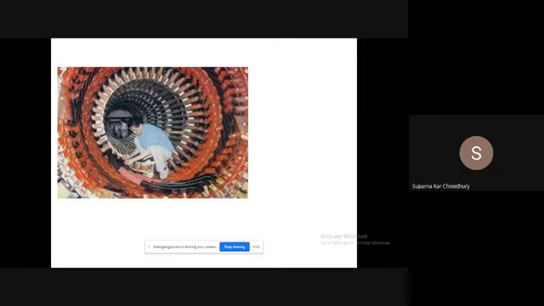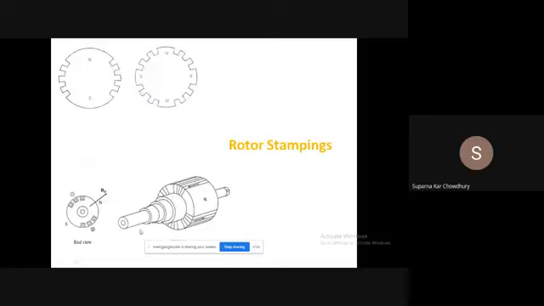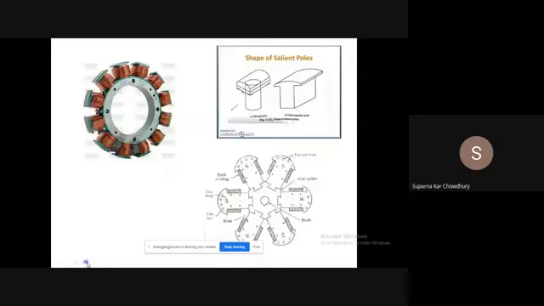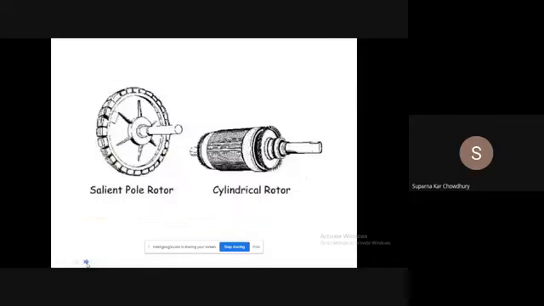As I have told, due to the large length of the armature, it is very difficult to cool the machine. So it requires a very special arrangement for cooling.